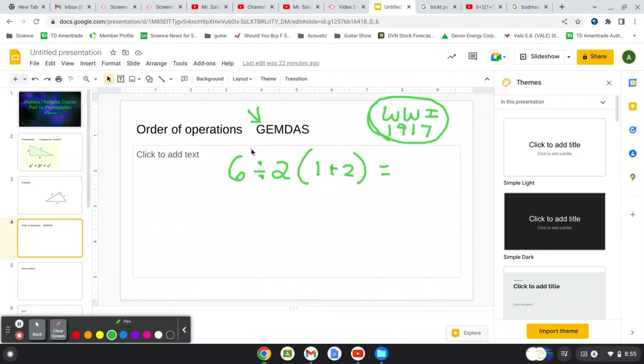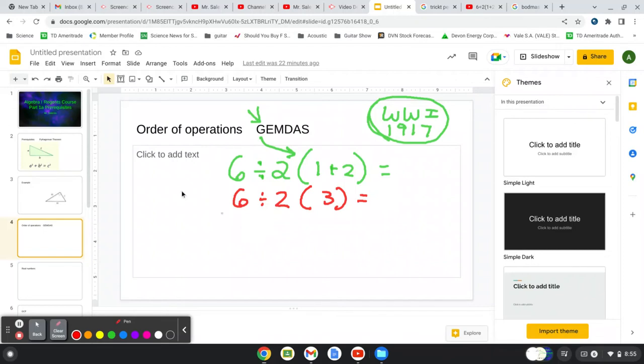So according to GEMDIS or PEMDIS, we have to do the grouping symbols first. Let's use another color there. So we're going to do 6 divided by 2, parentheses 3. All right, seems pretty easy so far. Now, you should know that anytime you see a number next to parentheses, that is multiplication.